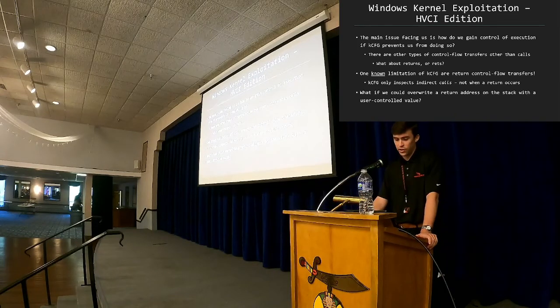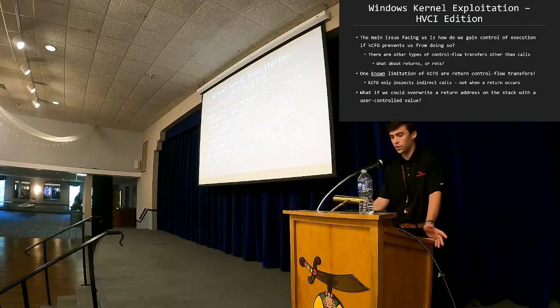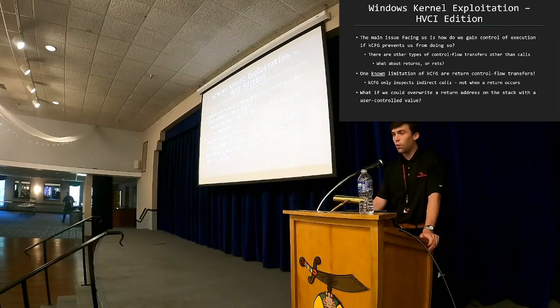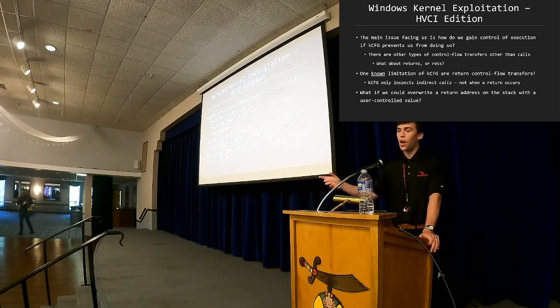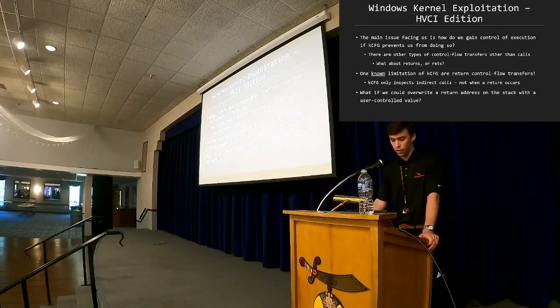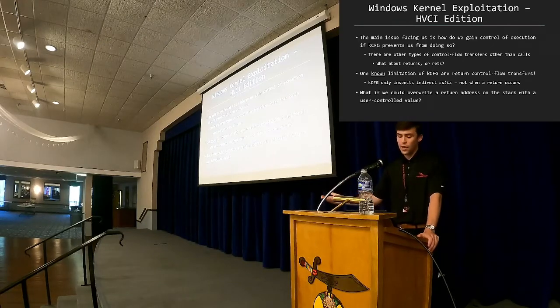If you're familiar with your typical 32-bit no ASLR DEP buffer overflow that most people do as their first exploit, that's what you do. People use a term like, oh, I overwrote EIP, for instance. You didn't overwrite EIP. You smashed the stack and you found a return address on the stack. You overwrote that return address, and eventually that return address was loaded into the instruction pointer. So we kind of need to go back to the basics, if that makes sense, but we can't assume we have a stack overflow.